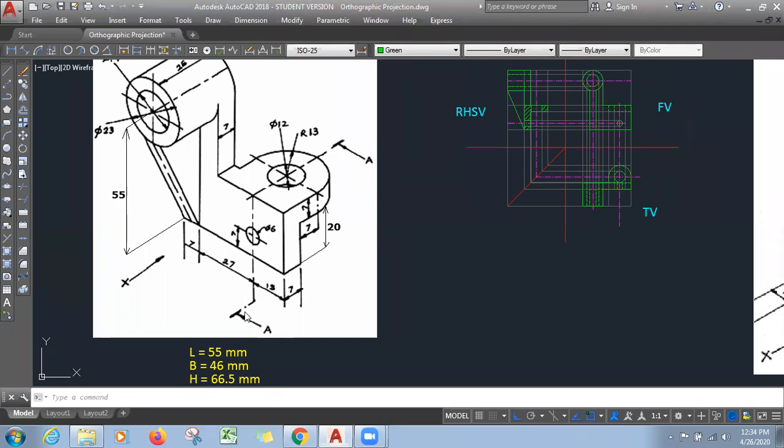And how do we show the cutting plane? It is shown by a center line. At the end the center line is made darker and thicker, and an arrow will be given like this. So in the direction of the arrow the part is to be retained, and the remaining part is to be removed. Got it? Yes, yes. Okay, sir.